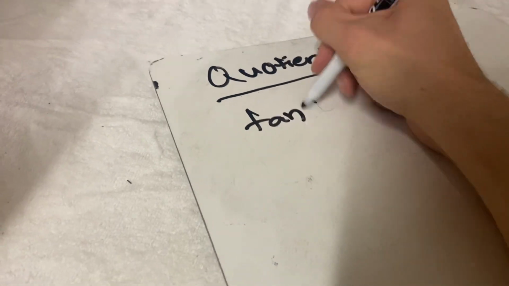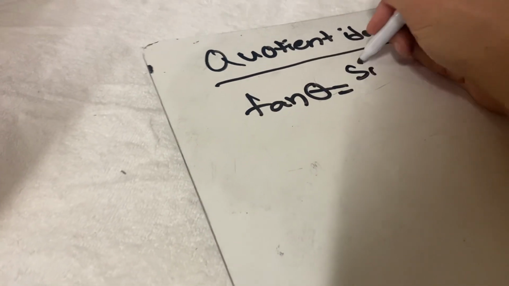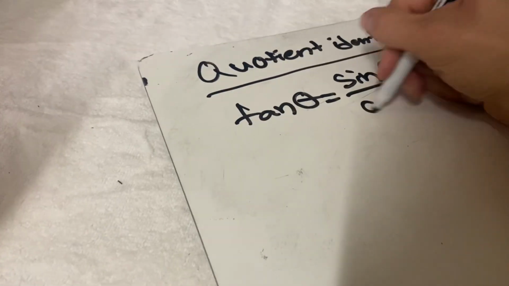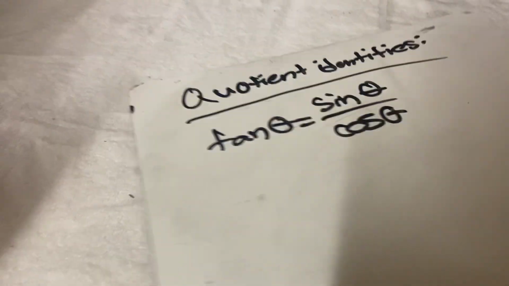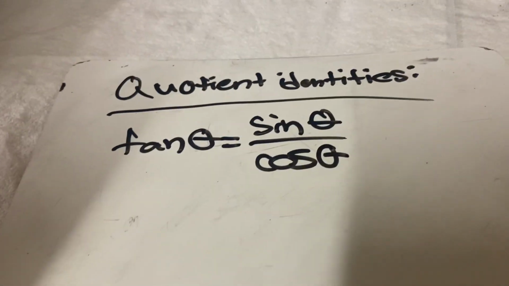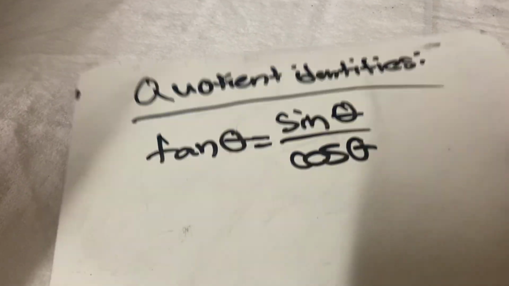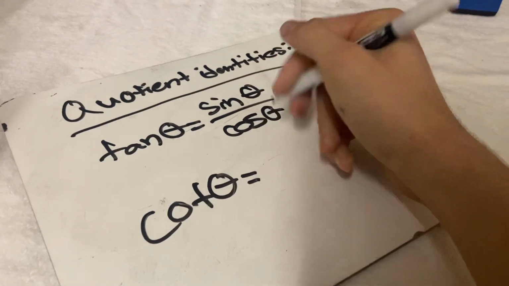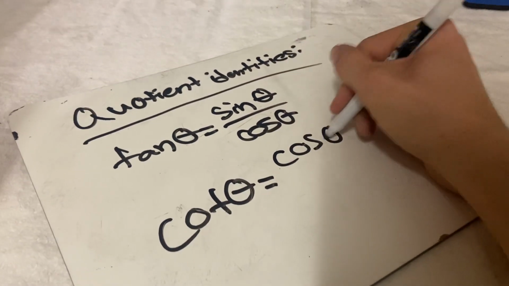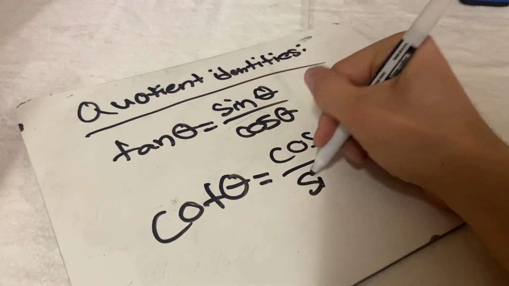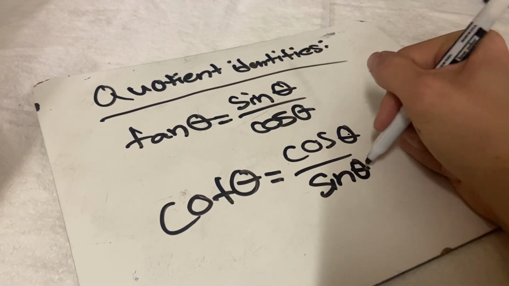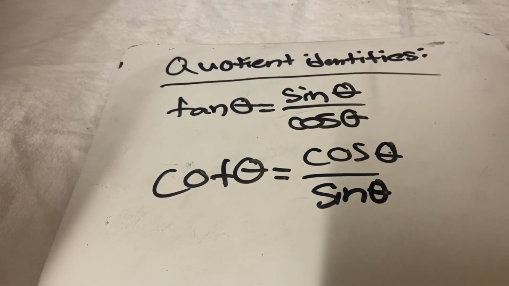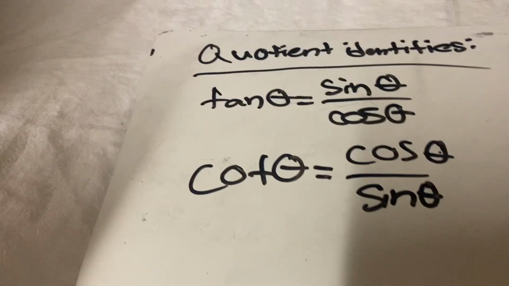Which are tangent of theta would be sine of theta over cosine of theta. And then cotangent of theta would be cosine of theta over sine theta. Okay?